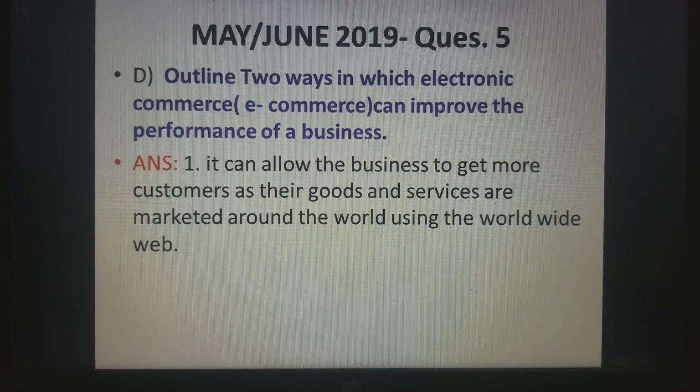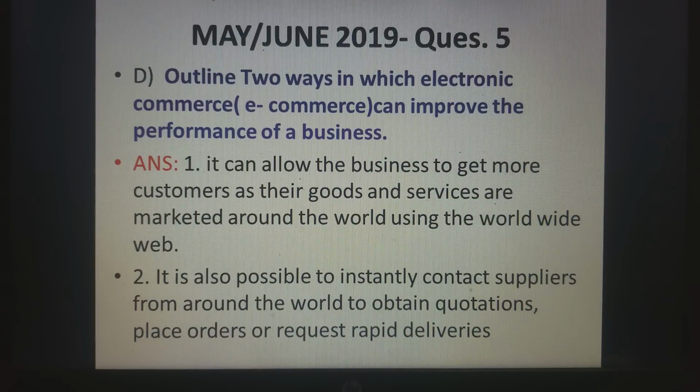Now, electronic commerce is really trading, doing business online, right? And that helps businesses to get more customers across the world. Secondly, it is also possible to instantly contact suppliers from around the world to obtain quotations, to place orders for goods or to request rapid deliveries.